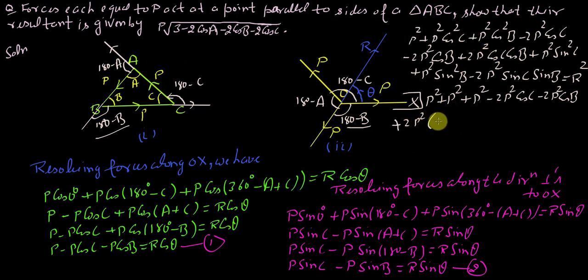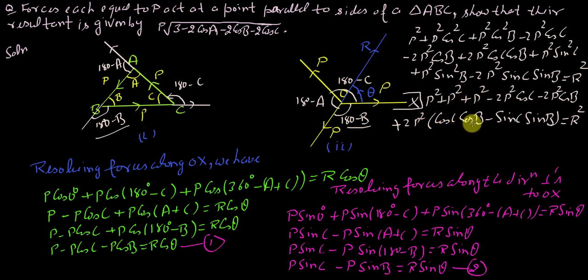2P square cos C cos B, and from here minus sin C sin B is equal to R square. Fine, this is equal to R square.